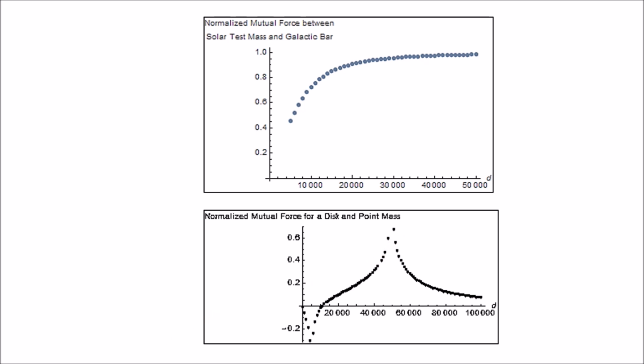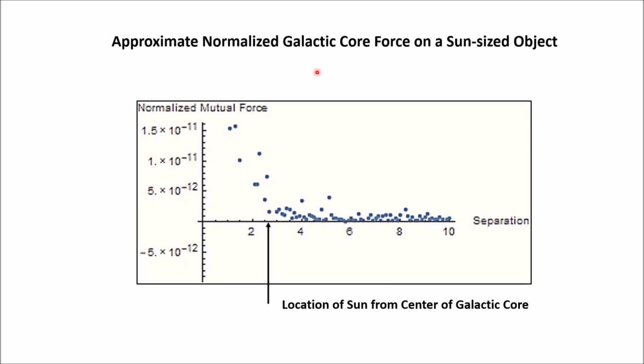And if you go further and take a look at the galactic core and you look at the mutual force on a sun-sized object, well, you can see that for all practical purposes, the force on the sun at its location would be pretty close to being given by the inverse square law.